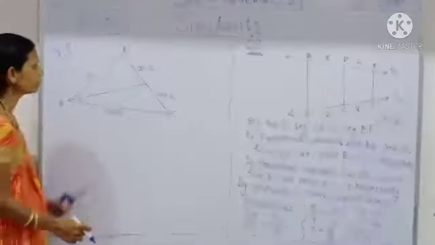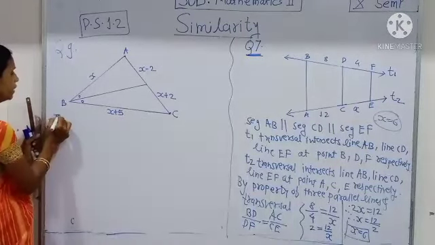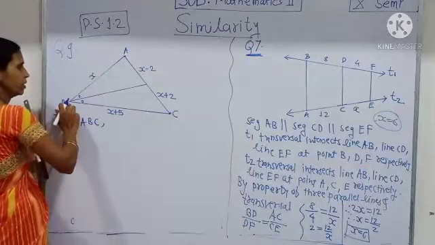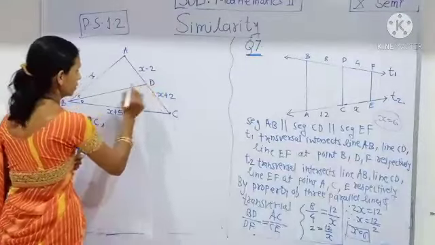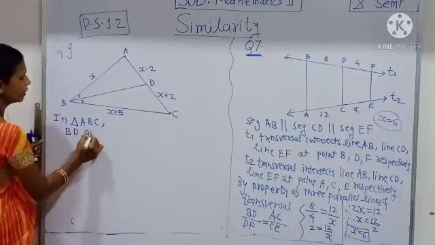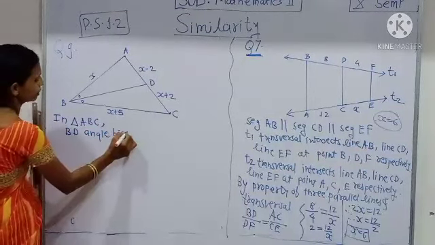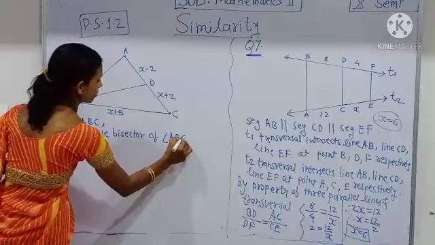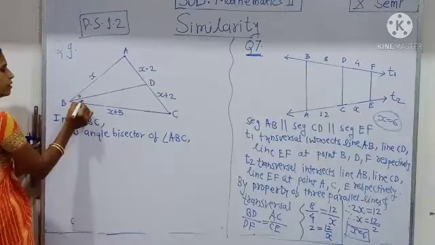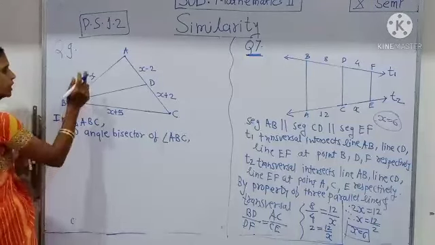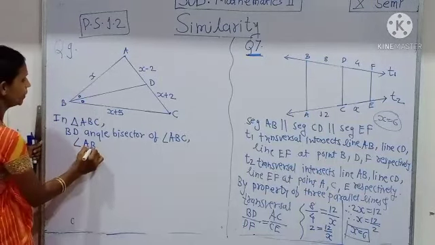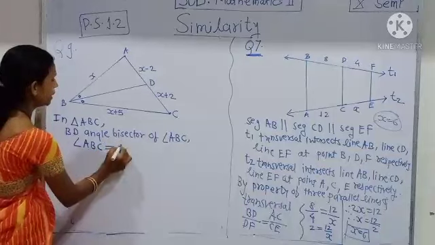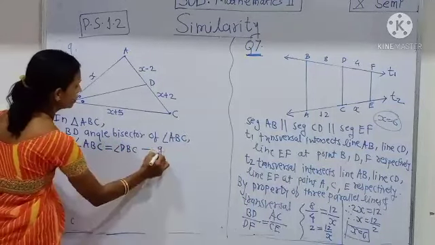Then see here, in this example, in triangle ABC, BD is the angle bisector of angle ABC, because here the congruent signs are given here, that is angle ABD is equals to angle DBC, that is given.